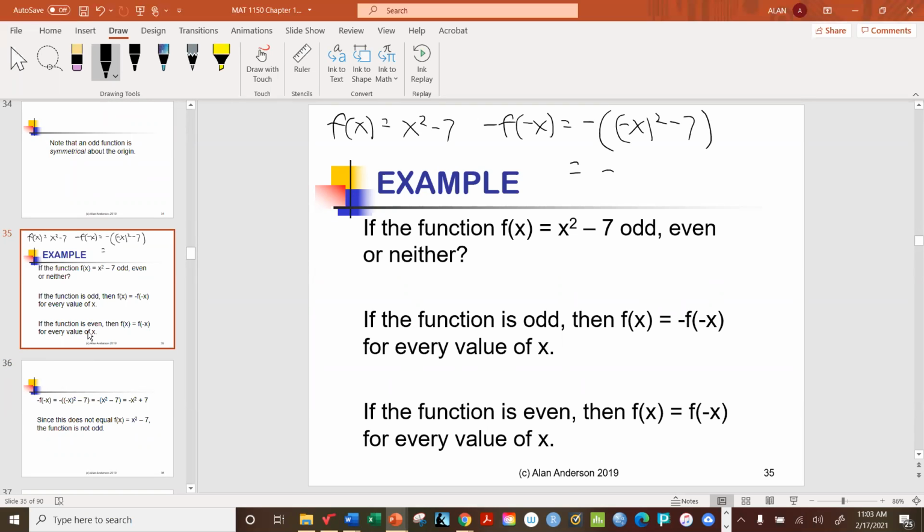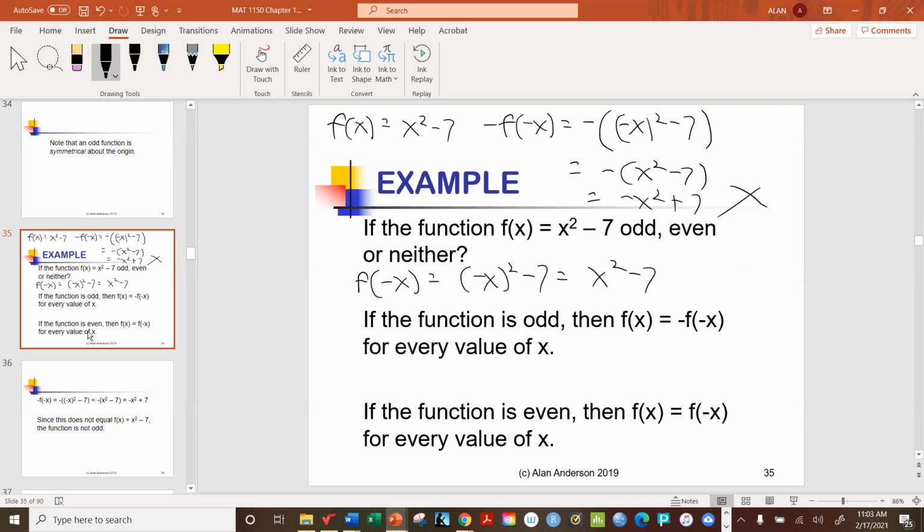So we're going to end up with negative x squared minus 7. Oh, no good. But for even, let's see if it equals f of negative x. You're going to have negative x squared minus 7. Oh, yes, they are the same.